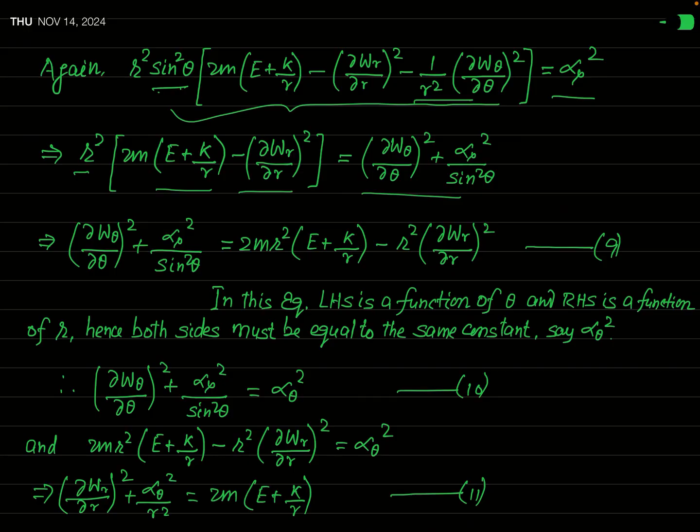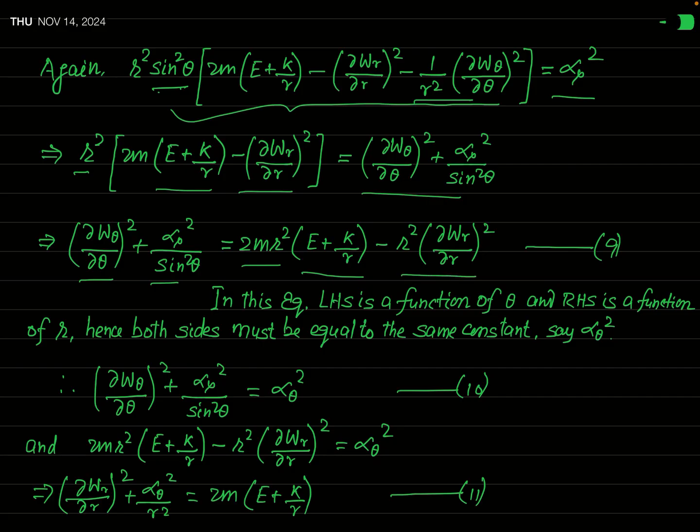Or I have just interchanged the LHS and RHS, so this is (del W theta by del theta) squared plus alpha phi squared over sin squared theta, and that is equal to 2m R squared times (E plus k by R) minus R squared times this much.